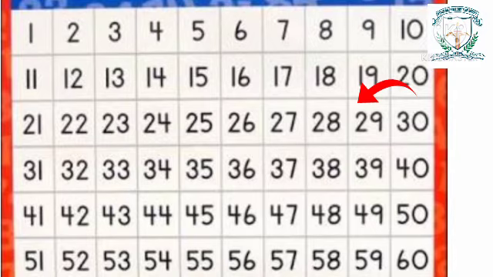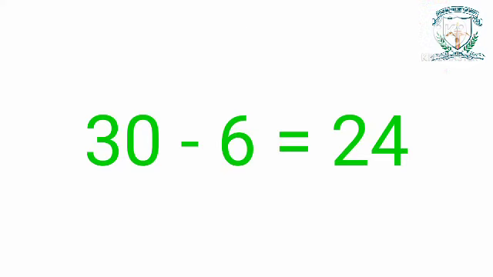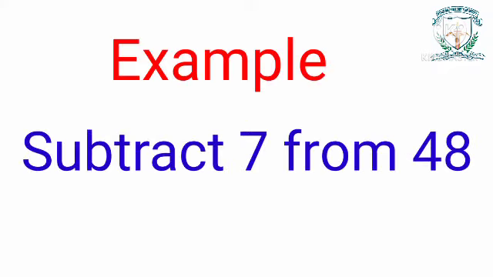From 30 to 29, 29 to 28, 28 to 27, 27 to 26, 26 to 25, and 25 to 24. Finally, we reached 24. So, 30 minus 6 is equal to 24.